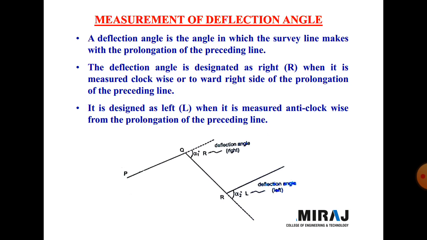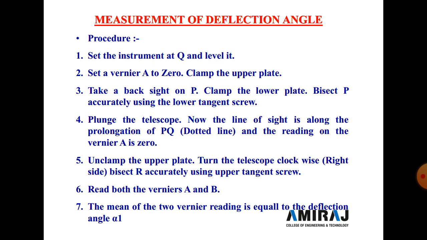So the instrument is set up at point Q, and then we bisect the P point ranging rod. The upper clamp is already fixed, meaning we set 0 degree, and after bisecting P from Q, fix the lower screw, and your instrument is perfectly set on P. Clear? For a minor change we use the tangent screw.